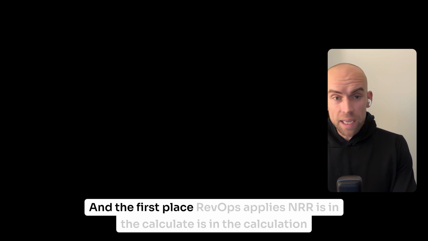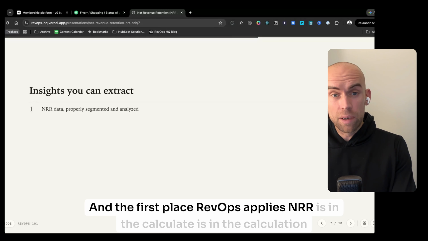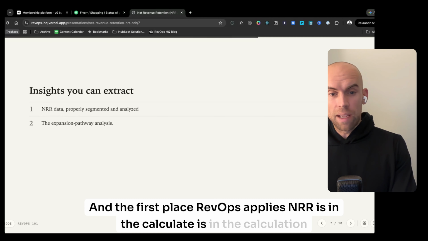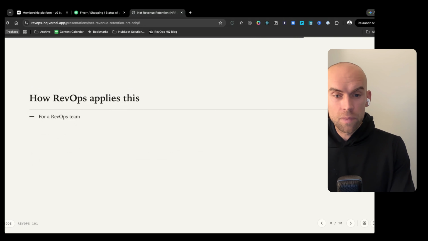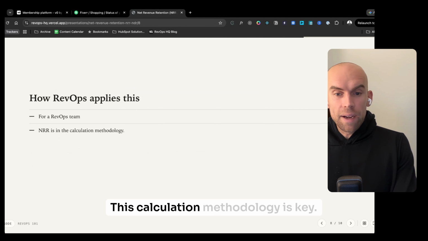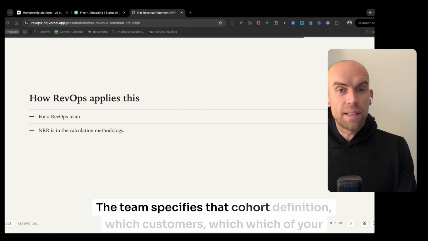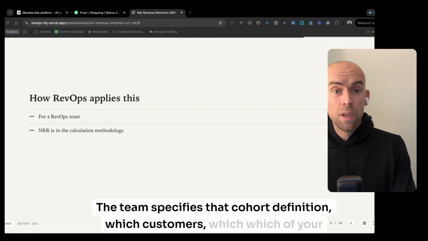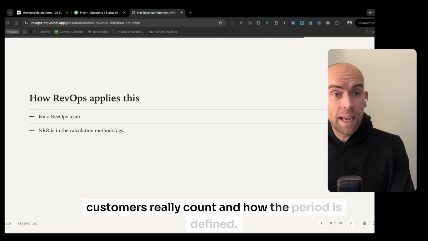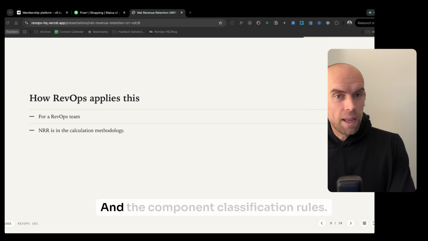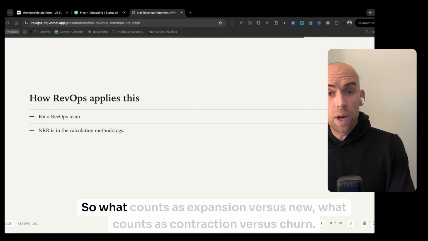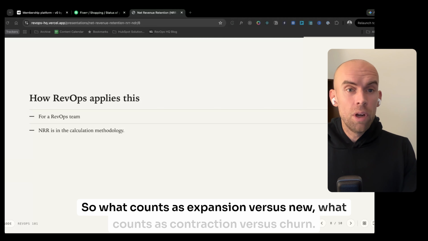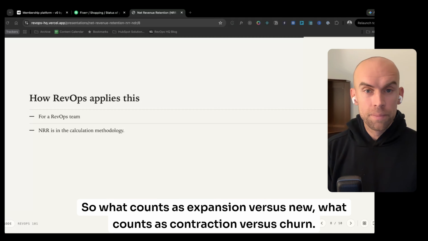And the first place RevOps applies NRR is in the calculation methodology. This calculation methodology is key. The team specifies the cohort definition, which of your customers really count and how the period is defined, and the component classification rules: what counts as expansion versus new, what counts as contraction versus churn.